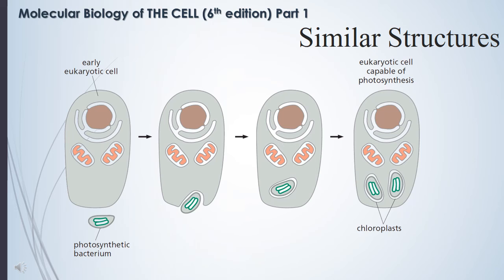And they engulfed photosynthetic bacteria, which started again absorbing solar radiation, started using the CO2 and water from within the cell, and started generating basically sugars for the cell to live on.